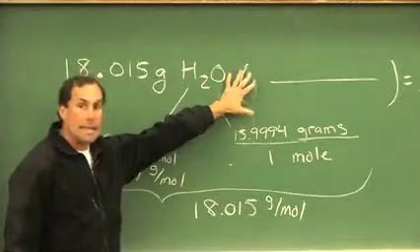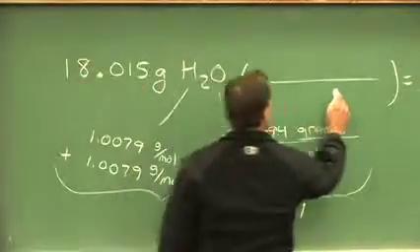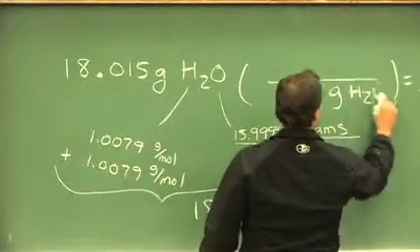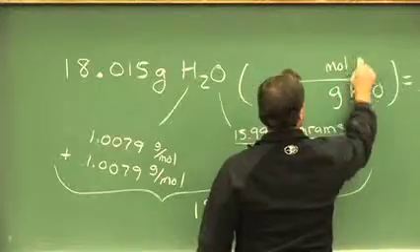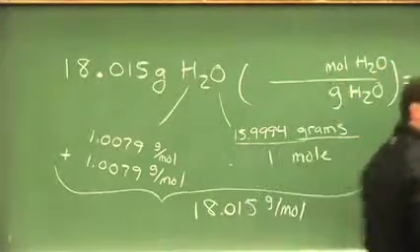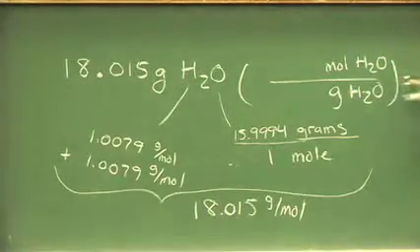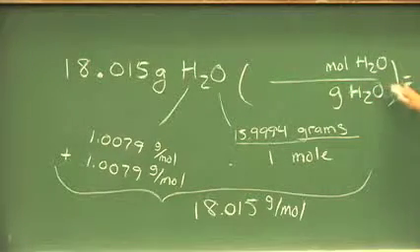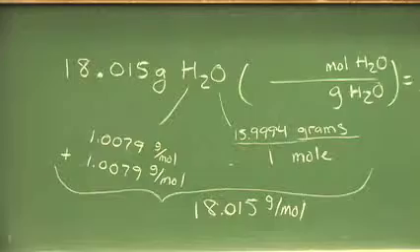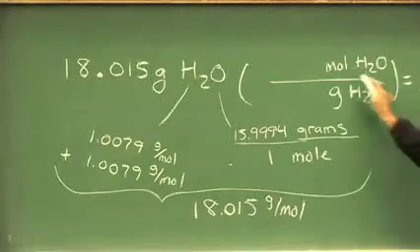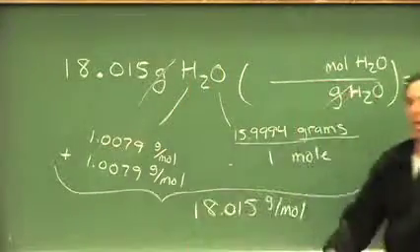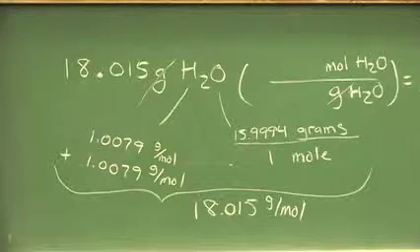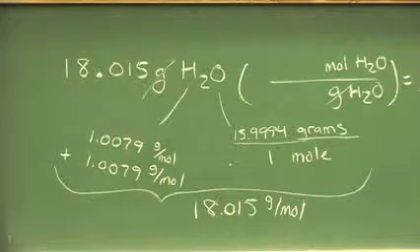Instead of putting the 18 in here somewhere, let me put the correct units. We're speaking of water, so I put water in here, completely optional. You can just put grams per mole. We know that the problem involves water. Grams go on the bottom so that the grams will cancel. Moles go on the top. We're converting grams to moles, and we need moles to appear.